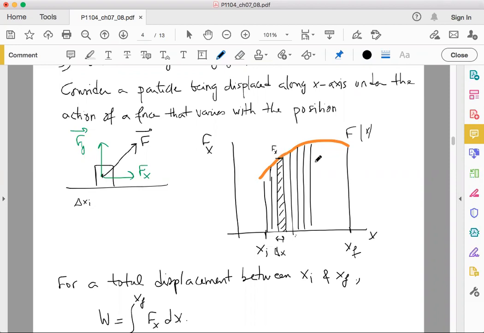So let's call it Fxi. So in this small interval, we have Fxi acting, and so we can also define the work Wi as equal to Fxi delta xi, right?